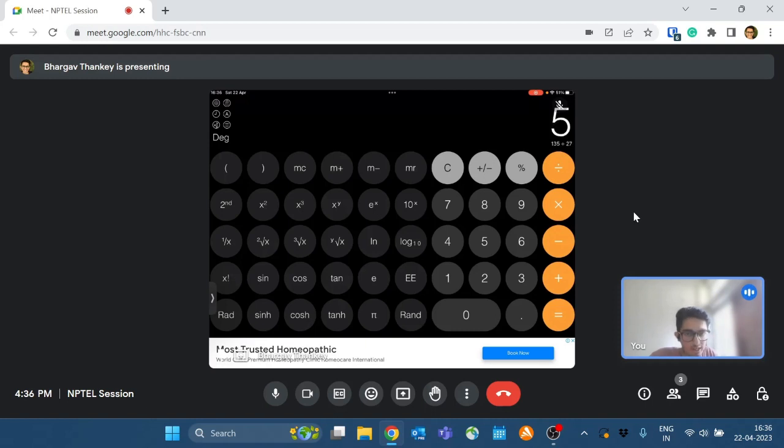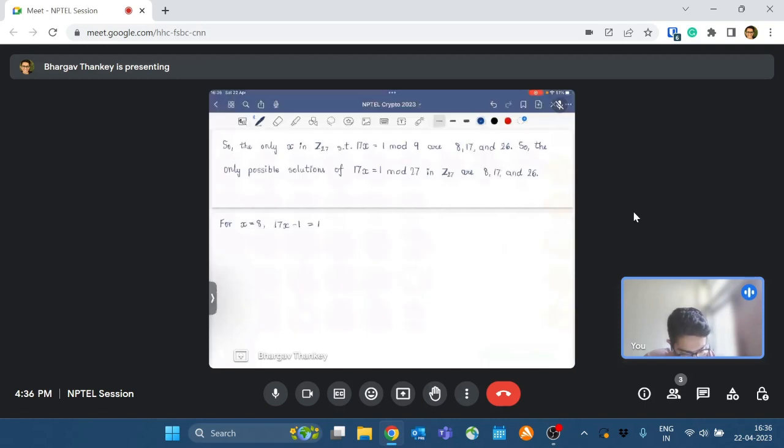When I divide 135 by 27, I get an integer, which means 135 is divisible by 27. That is, 135 is 0 mod 27. So x equals 8 is a solution.